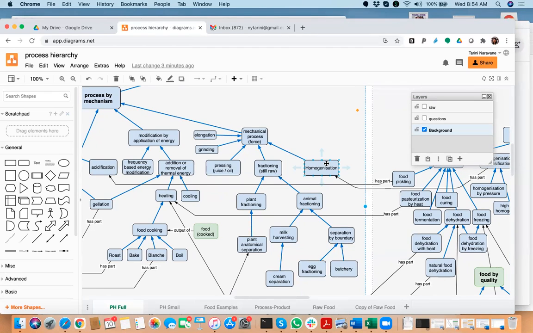I'm also wondering, if you're thinking of this aggregation, because in homogenization there could be a reversible or an irreversible one. Homogenization of milk is irreversible. So there you're not just distributing things equally, but you're actually changing the chemical structure so that certain molecules don't flocculate the way they otherwise would.